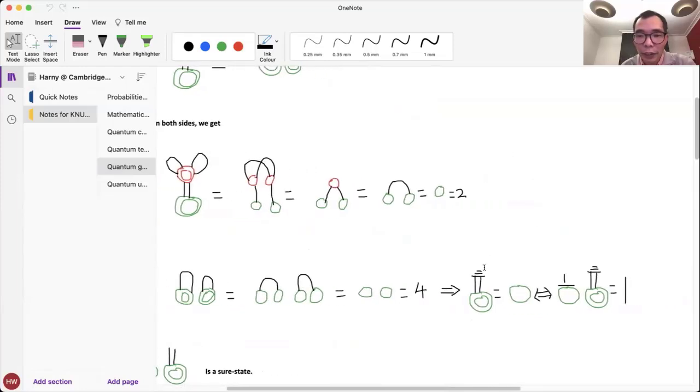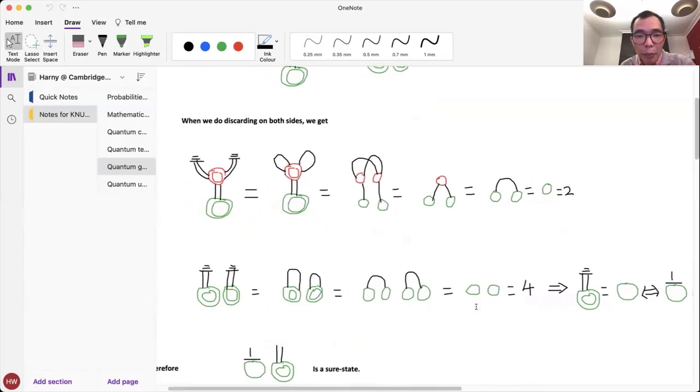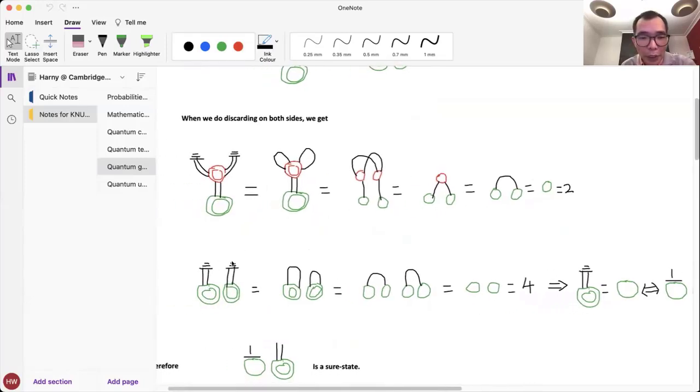So how do we get the short state of this one? We do discarding. This one, the same thing times itself, you got 4. So the single diagram is equal to 2.